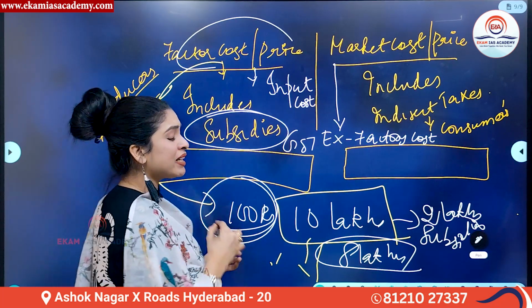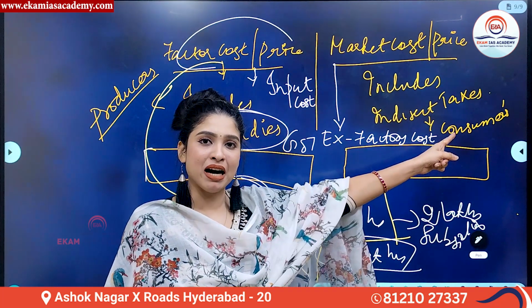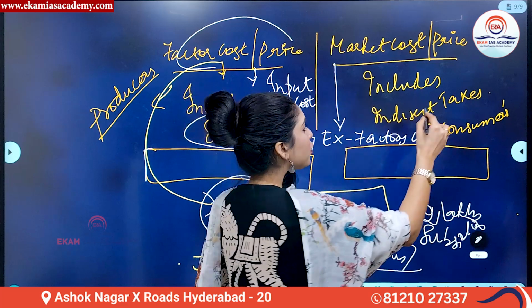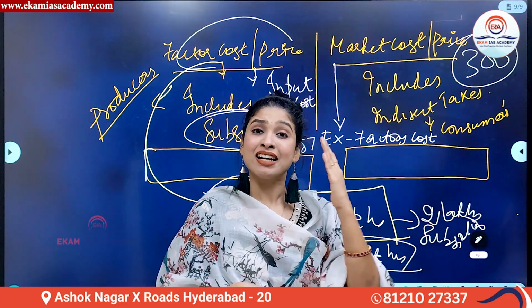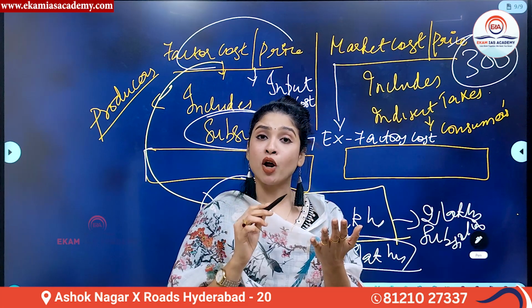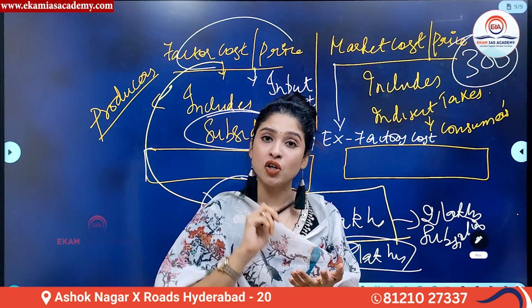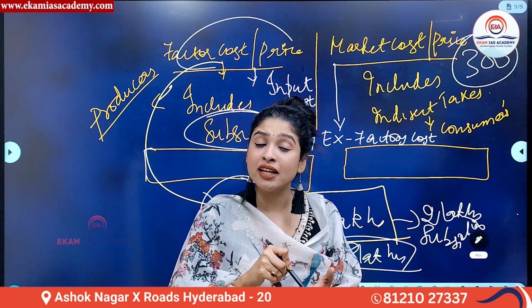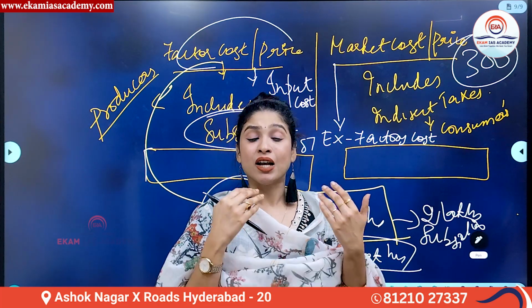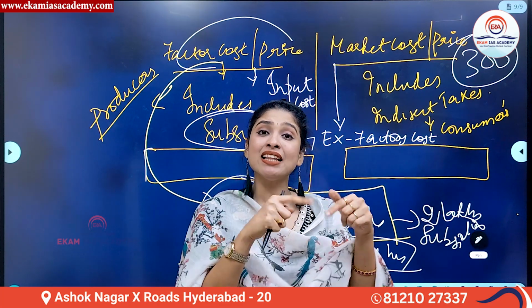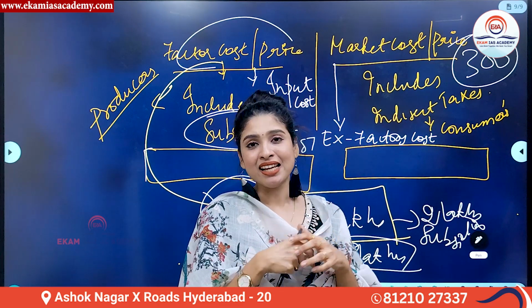Now when this particular leather shoe reaches the market, it is being sold at rupees 300. And this rupees 300 consists of what? The profit of the producer, wholesalers, retailers, including the so-called indirect taxes or GST. And we the consumers pay these higher prices to buy the commodity.